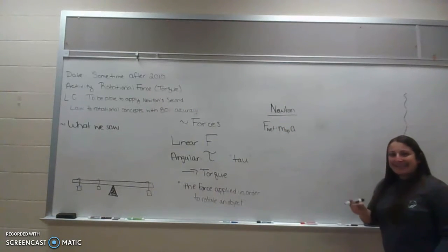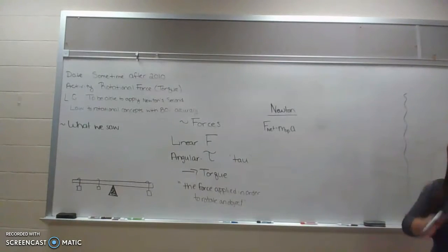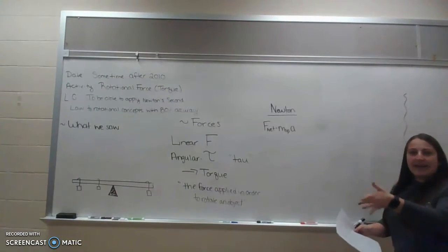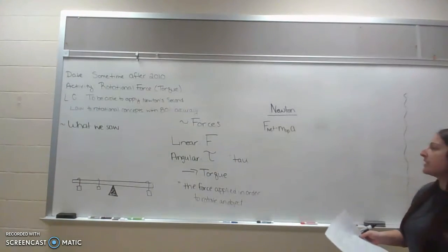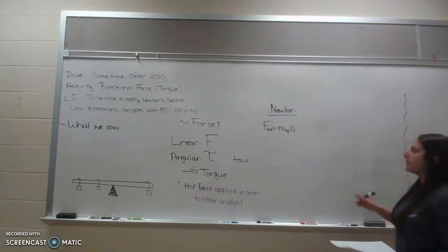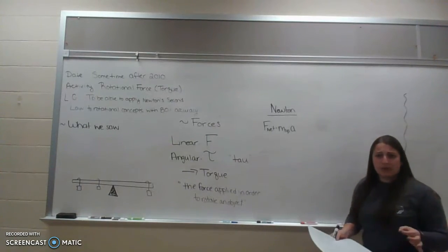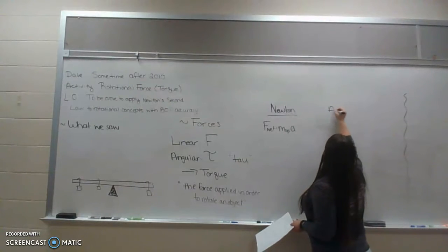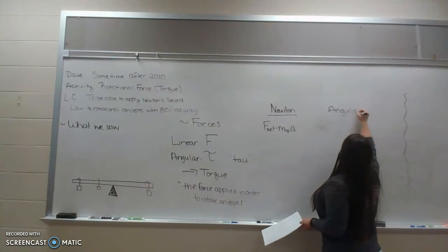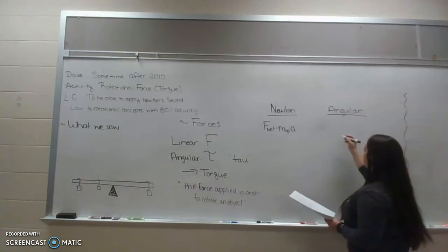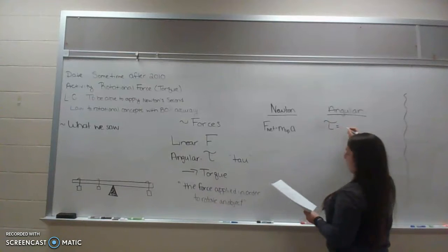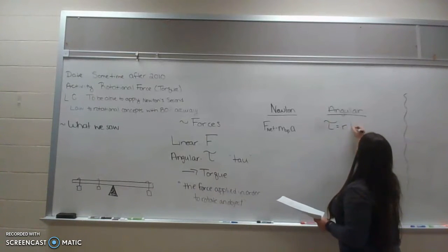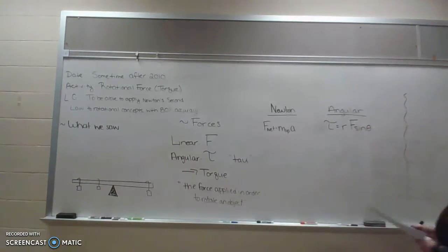Now, unlike kinematics, where it had this really clean, if you see this letter in linear, this is what it means in angular, this is going to be a little bit different. It's actually going to look a little bit more like our bridge equation than anything. So in the angular component, our force is actually going to be that tau is equal to R F sine theta.